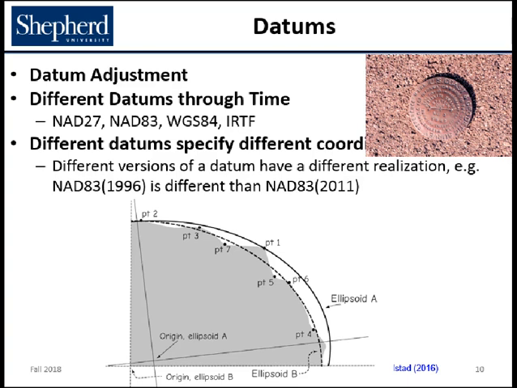So just saying NAD 83 for the datum means you have incompletely specified it. You need to say NAD 83 1996 or NAD 83 2011. Again, a horizontal datum is a reference surface against which other horizontal distances are measured. A vertical datum is a reference surface against which other vertical heights are measured.